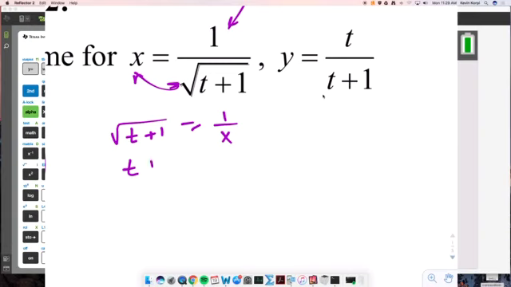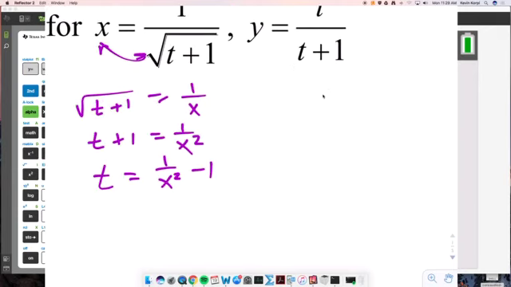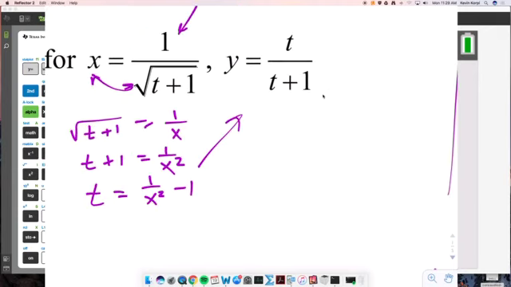And now if I square both sides, t plus 1 equals 1 over x squared. T equals 1 over x squared minus 1. So if I plug that in over here, I get y equals 1 over x squared over 1 over x squared minus 1 plus 1.